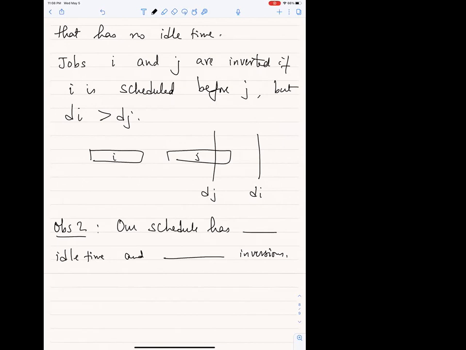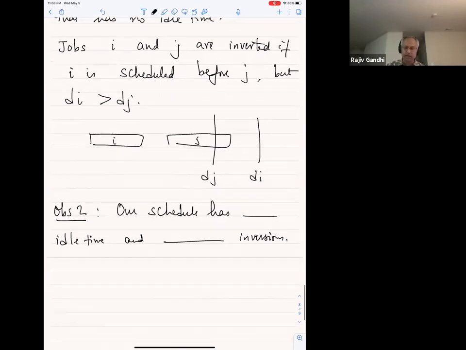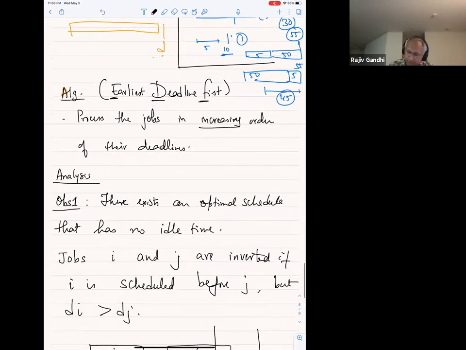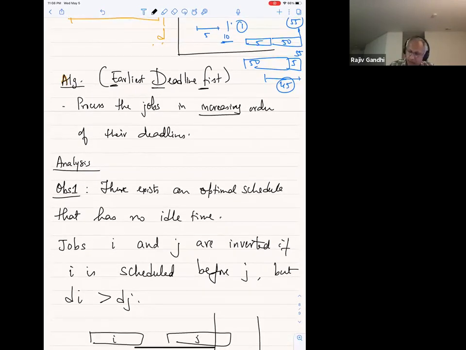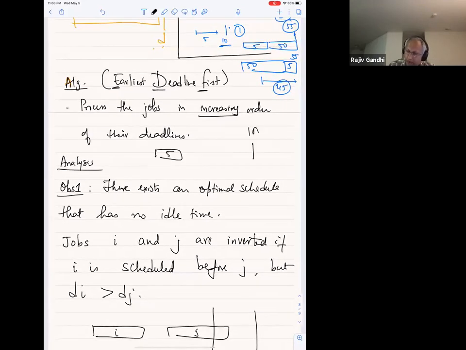Could you just explain the concept of idle time again? So idle time is just when the machine is free. Let me show you. Suppose we have a job with processing time 5 and deadline 100, another job with processing time 10 and deadline 90.